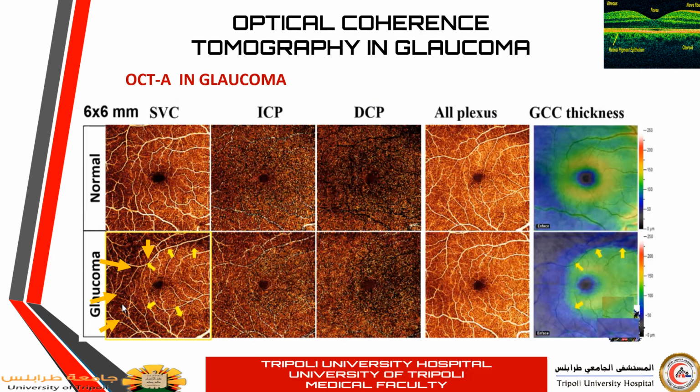However, in the ICP and DCP, the intermediate and deep capillary plexus, there is not much change between the normal and glaucomatous cases. This can also be clearly seen in the thickness map of the GCC. You can see the difference in the thickness of the ganglion cell complex in the same patients.